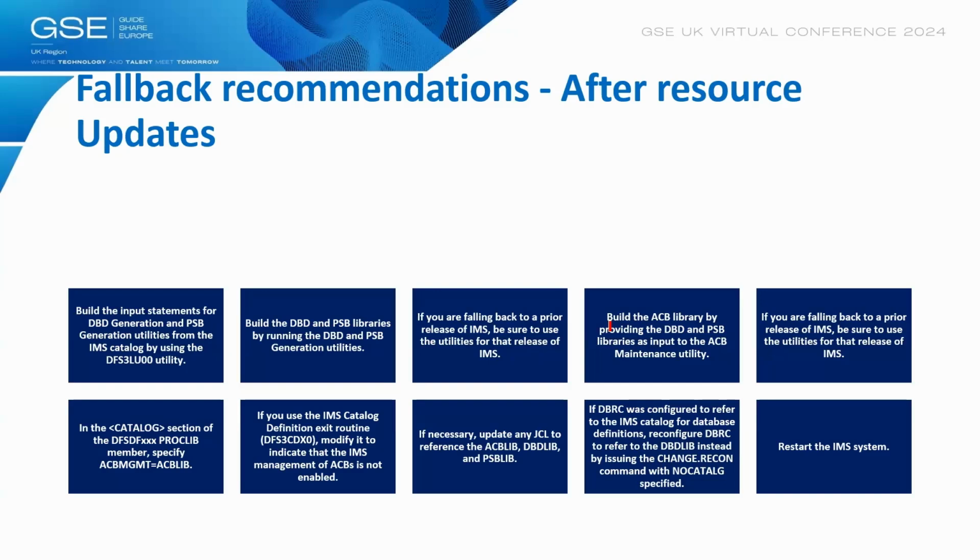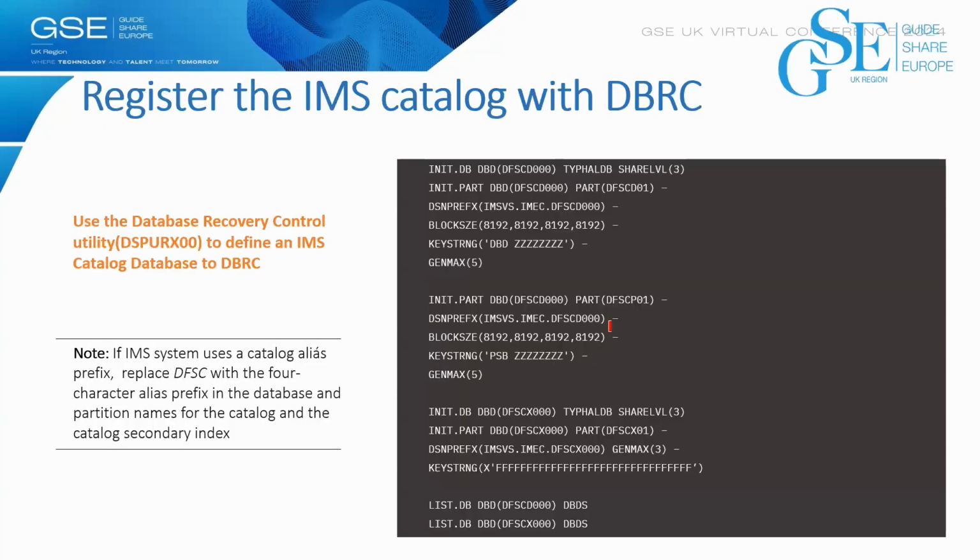I think I can just go back to those slides. Oh, so the INITDB and INITDBD commands automatically set DBRC, set a RECON to catalog state, which can be reverted with the NOCATALOG CHANGE.RECON command. Yeah. Okay, thank you.